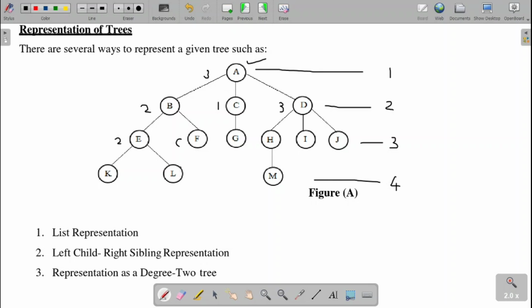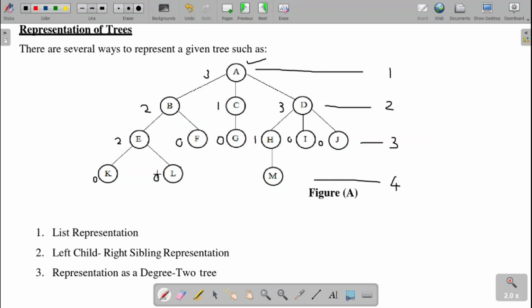F doesn't have any children, so the degree is 0. H has a single child, so the degree is 1. I doesn't have any children, so the degree is 0. K and L don't have any children, so the degree is 0. So this is the degree of the nodes.